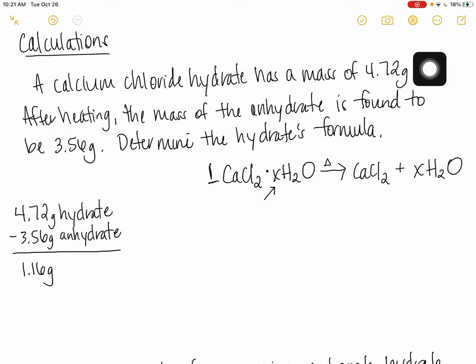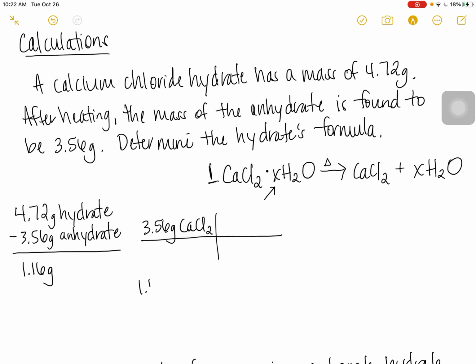So then all of a sudden I have the mass of the anhydrate and the mass of the water. And again, remember, I'm looking for the ratio. So this is a great starting place. I have this mass, and I'm looking for the mole ratio. So I need to take those two numbers and change them into moles. So my 3.56 grams is just the calcium chloride, and my 1.16 grams is my H2O.